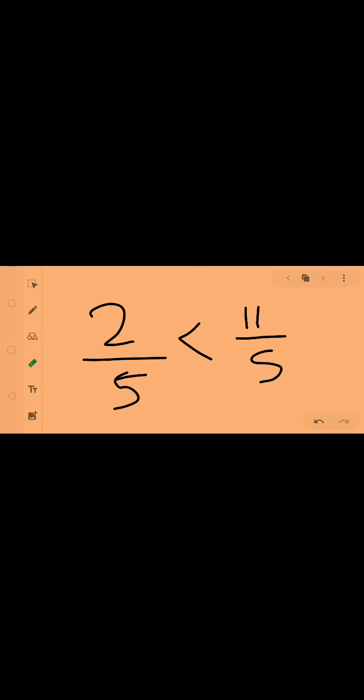So let's come to the comparison of unlike fractions. In the previous session, even though we discussed unlike fractions with the same numerator, some of us have doubts. So let me take you through one example.